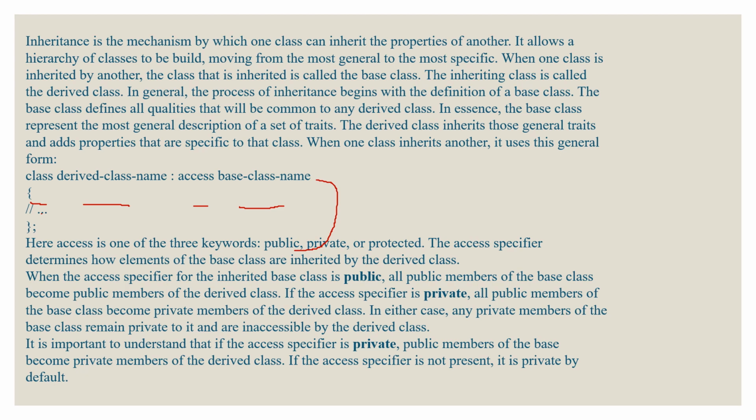So here we have seen, and one semicolon will be used after closing your class. So this is the declaration format for inheritance. We will see it now in a program, how we will use this inheritance concept, and let's see using a program now.